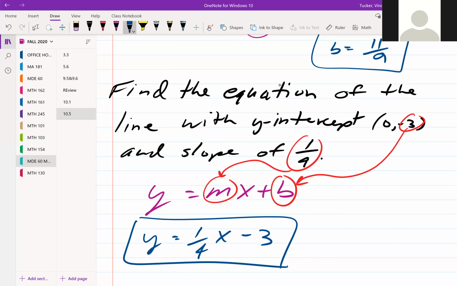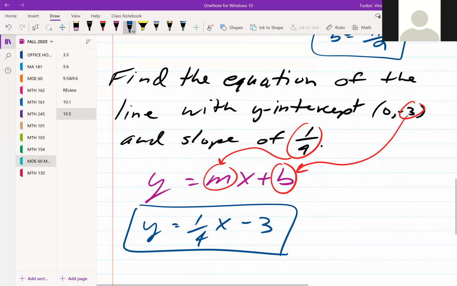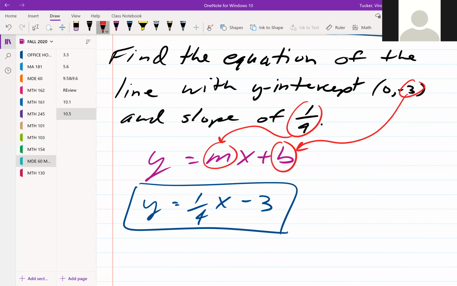Yep. Everybody good with this before we go to the next thing? Yes, I got it. This thing that I'm writing in red, you don't write that. This is just a note to myself.